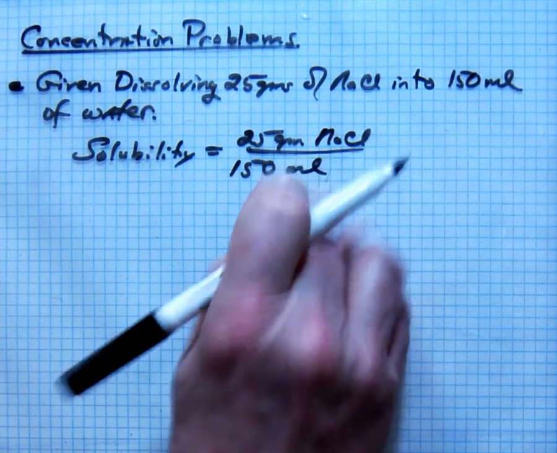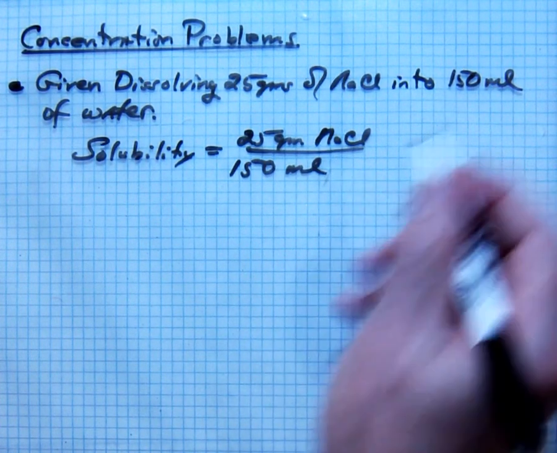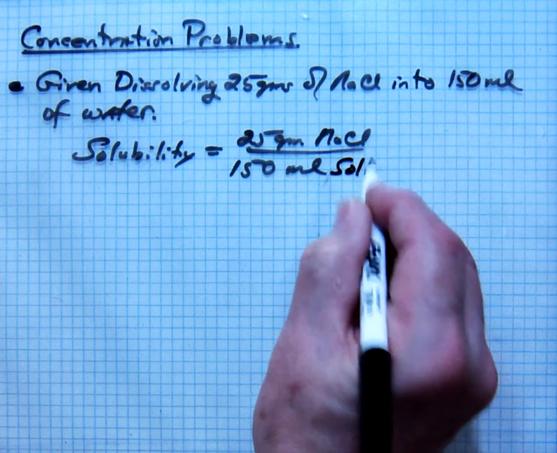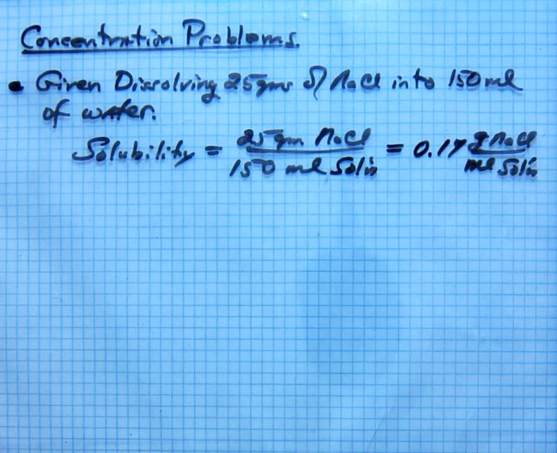Don't you have to convert that to liters? No, you don't have to convert that to liters. Okay, so we express it as 0.17 grams of sodium chloride per milliliter of solution. Okay, that's one simple example. It's not anything earth-shaking that you can handle that, I hope.